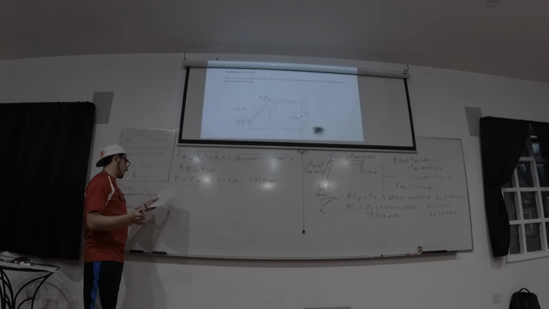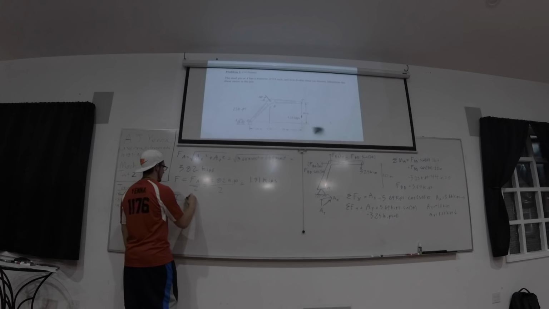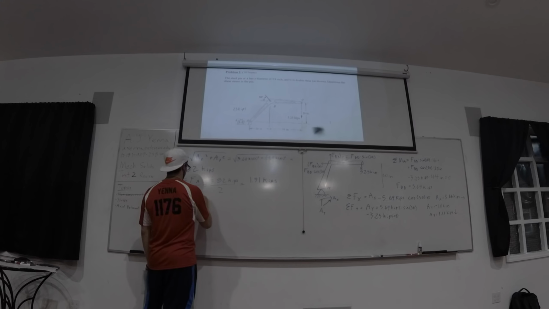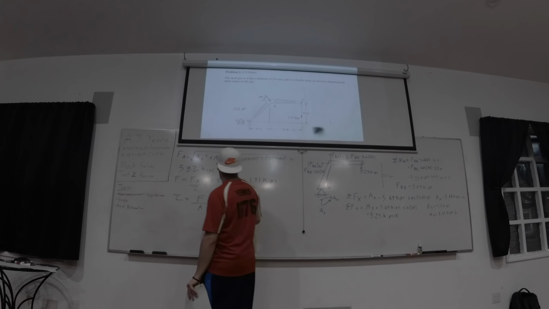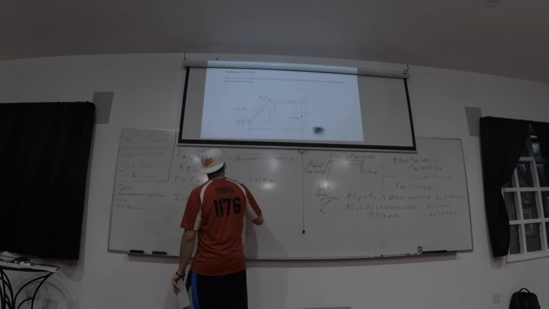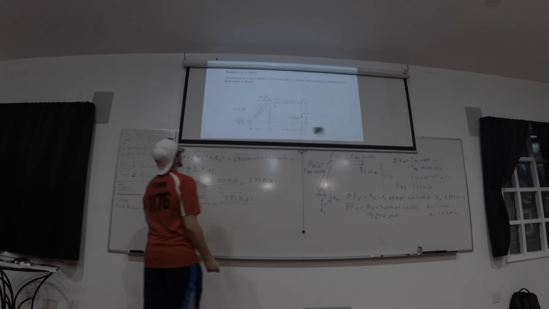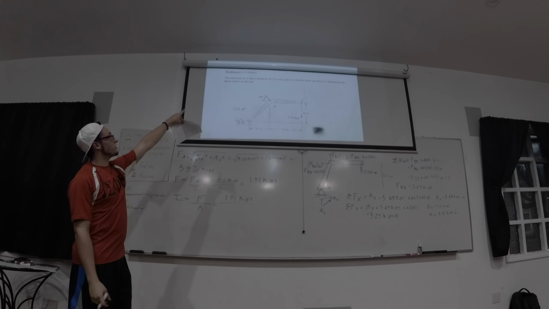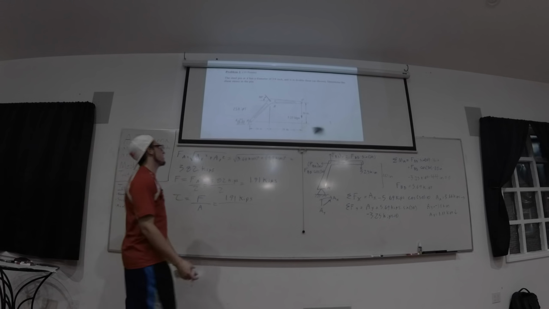Cool. From there, you just plug it into the equation for tau. Your shear stress is equal to your force over your cross-sectional area. The force is the 1.91 kips that we just got. For cross-sectional area, it's a steel pin with a diameter, so we know it's acting like a cylinder, with a diameter of 3/8 of an inch.